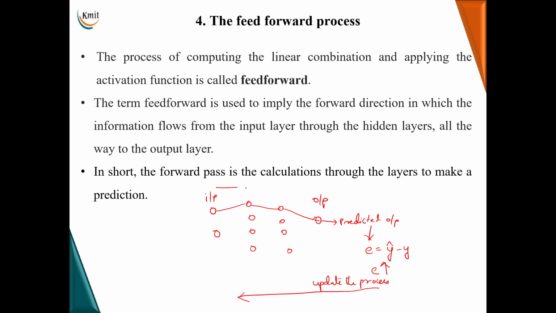So I calculate the predicted output, calculate the error to find whether the model's predicted value is the same as the true value or not. Once the error is found to be high, I'll back propagate by updating the weights, and once the weights are updated, again I'll repeat the feed forward pass.